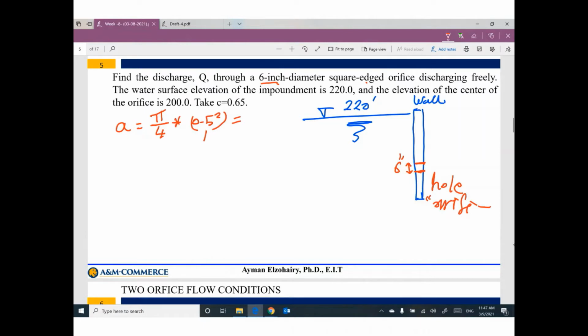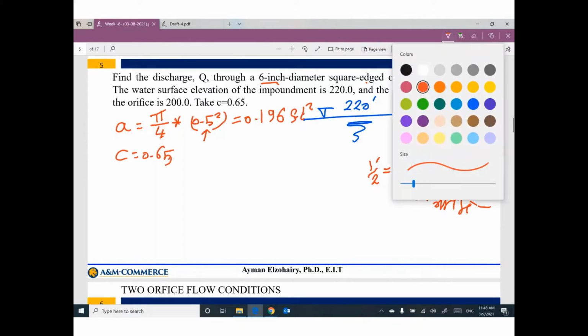What is the meaning of 0.5? 6 inches converted to feet is 1/2 feet. So the area is pi divided by 4 times 0.5 squared, equal to 0.196 square feet. C is given as 0.65.